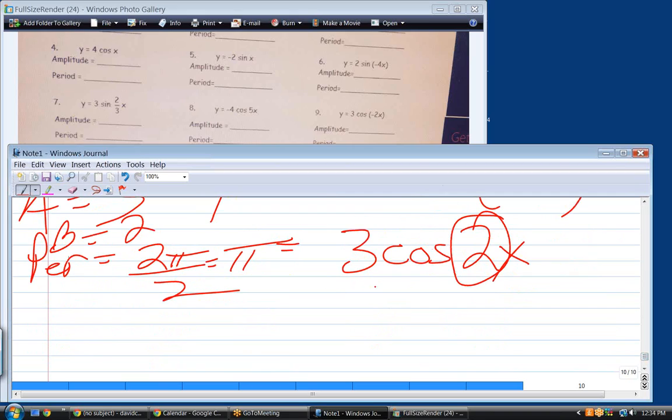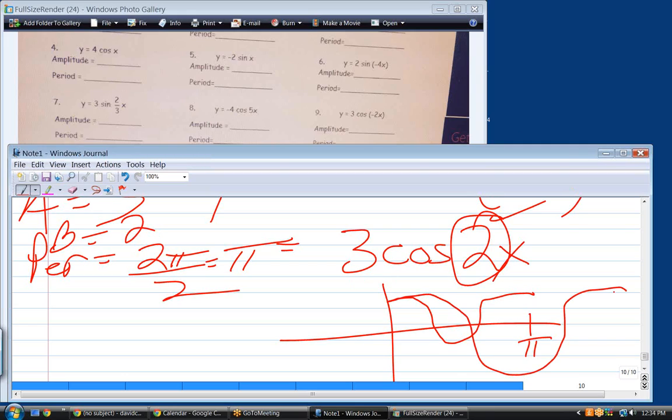Because our period is now pi, I've got to complete the function by pi, not 2 pi. So if I was just drawing a period, it would go like that. Notice that the 2 scrunches the curve horizontally, because a typical curve you'd have to draw all the way to 2 pi.